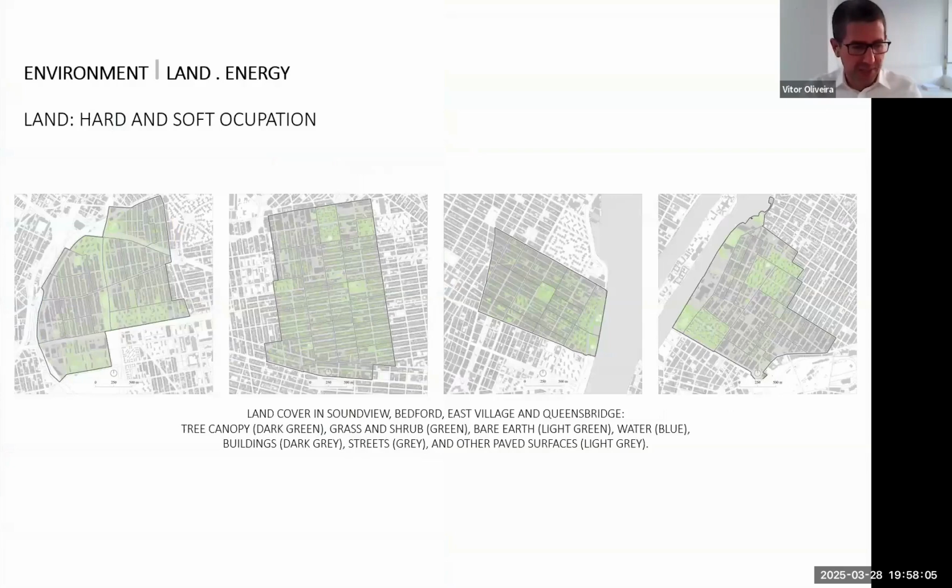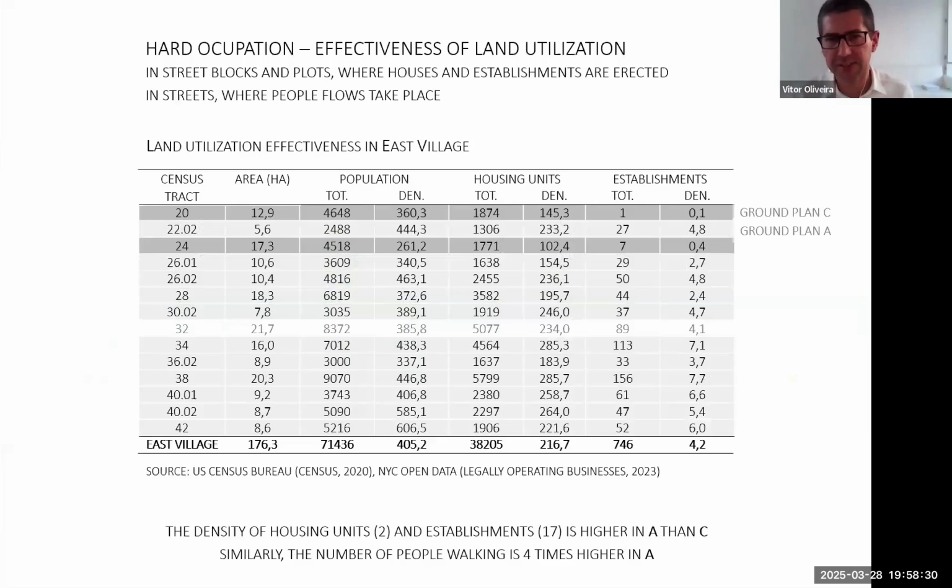And then after looking at people and establishments, we looked at the consumption of land and at the consumption of energy. We started looking at land in terms of the basic distinction between soft and hard occupation, but our main concern was the effectiveness of consumption.